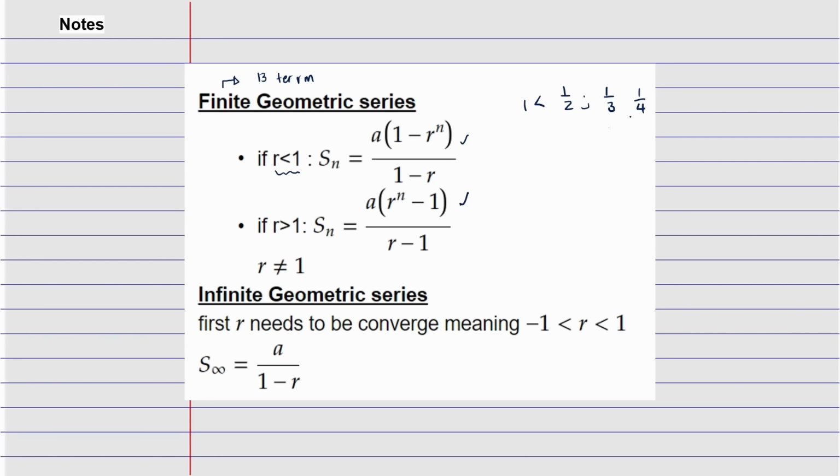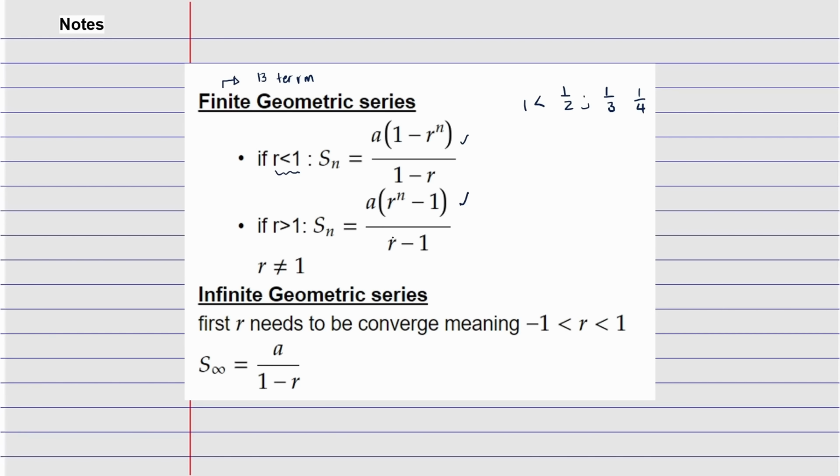Then we're going to use this formula: a, open bracket, 1 minus r to the power n, close bracket, over 1 minus r, right? So if it's a fraction, you use this one, the top one.